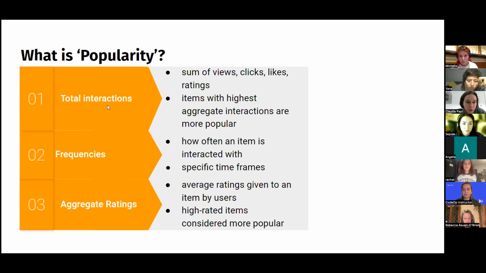So you look at the total interactions, for example the sum of views, clicks, and likes. You look at which items had the highest number of reviews, which got the highest overall ratings. You can look at frequencies, how many times an item has been bought, for example. So you rely on these factors essentially.